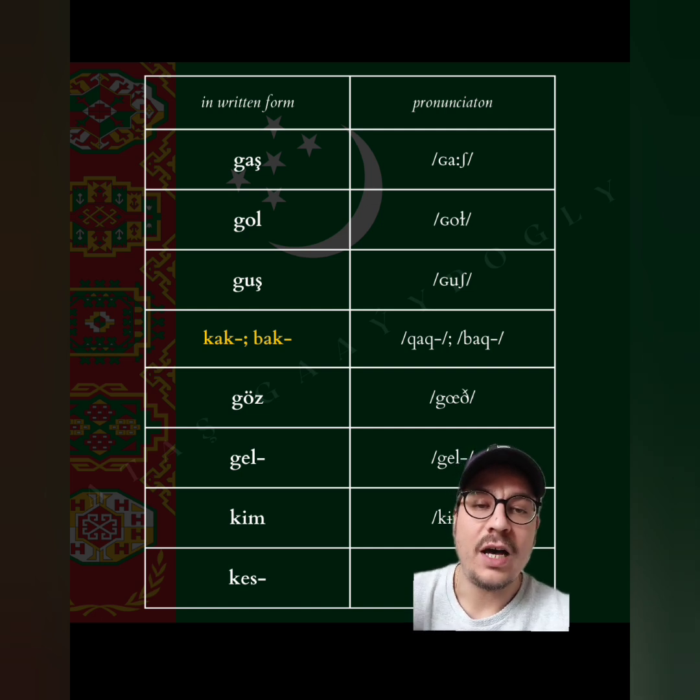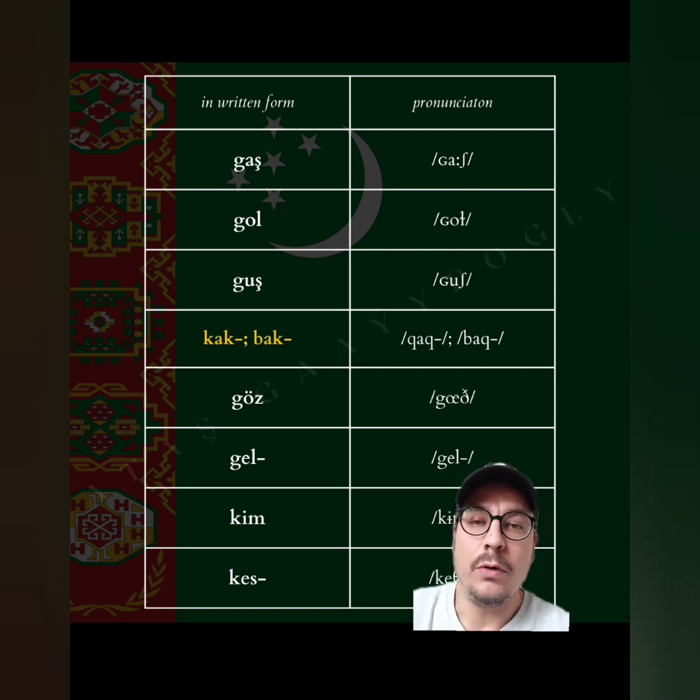We have the k sound too in Turkmen. I gave two examples. Kak, to hit. In written form we use k, but in pronunciation it's different. And bak, to look, or to look after. Göz means eye.